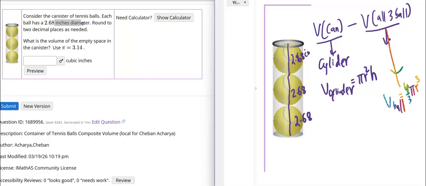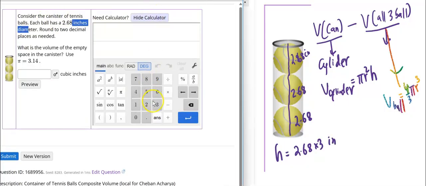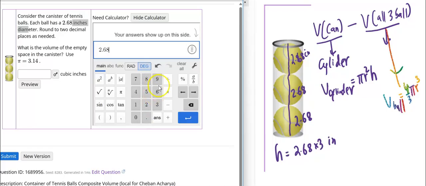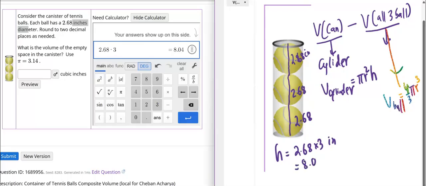So the total distance, which is the height of the can, is going to be 2.68 times 3 inches. Let's find how much that is. You just multiply by 3, and you get 8.04. 8.04 inches is the height of the canister, or can.